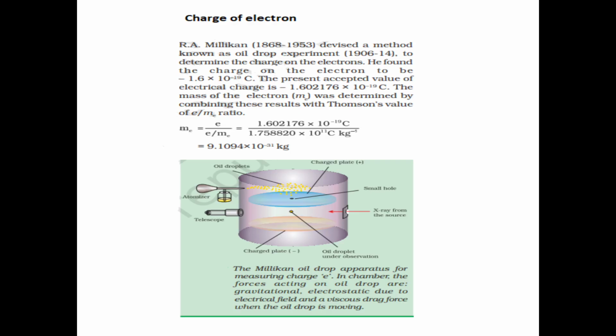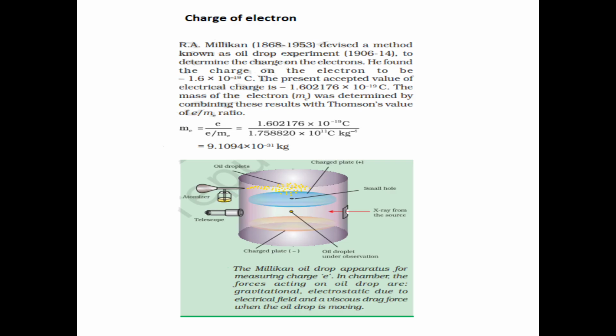The charge of the electron. R.A. Millikan devised a method known as the oil drop experiment to determine the charge on the electron. He found the charge on the electron to be minus 1.6 × 10^-19 coulomb. The presently accepted value of the electrical charge is minus 1.602 × 10^-19 coulomb.